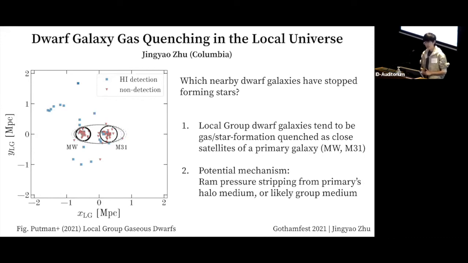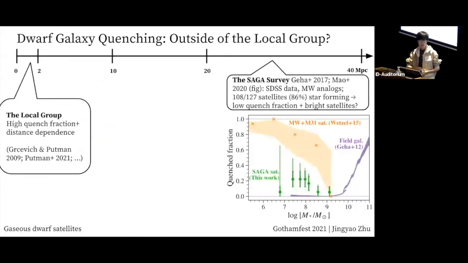So we think about some potential mechanism this might be happening. We think that the ram pressure of the local group medium or the host medium might be stripping the dwarf galaxy's gas content. The question to ask is, is this picture unique to the local group, that is, to the Milky Way and M31?